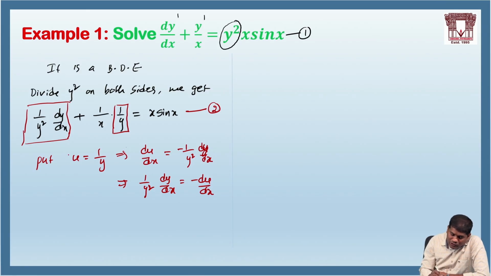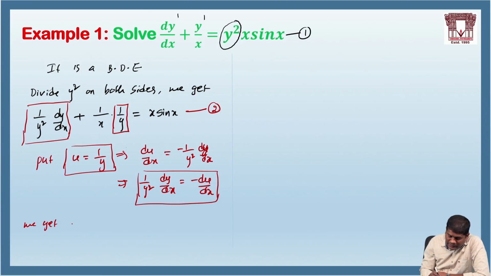Now we have to substitute these both quantities in the equation number 2. We get 1 by y square into dy by dx is minus du by dx plus 1 by x into 1 by y, that is u, is equal to x times of the sine x.